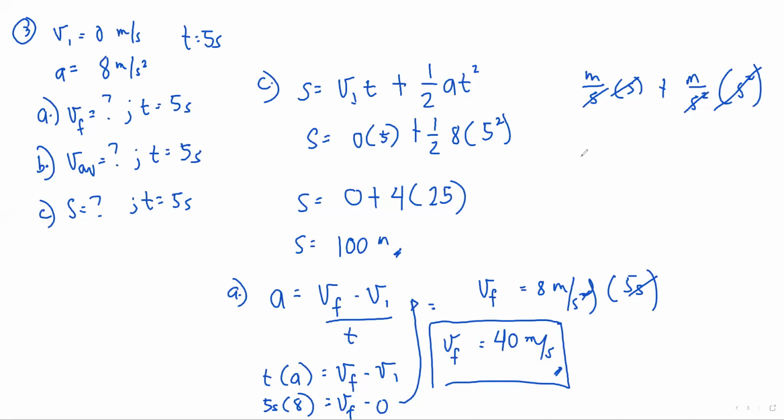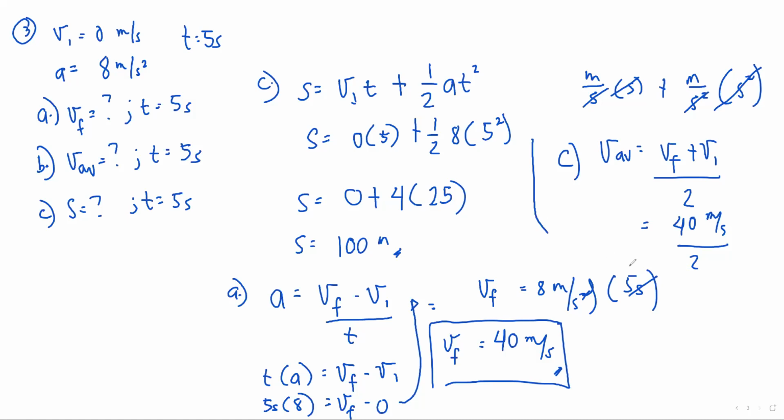Average velocity is equals to, ayan, average velocity is equals to... oras na. Uy, pwede ako magpa-quiz today. Average velocity is equals to VF plus VI over 2. So, technically, we don't have initial velocity. So, 40 meter per second over 2.